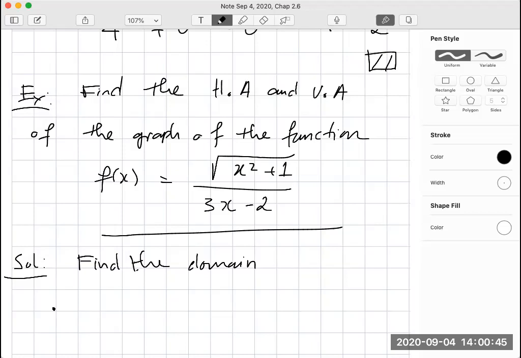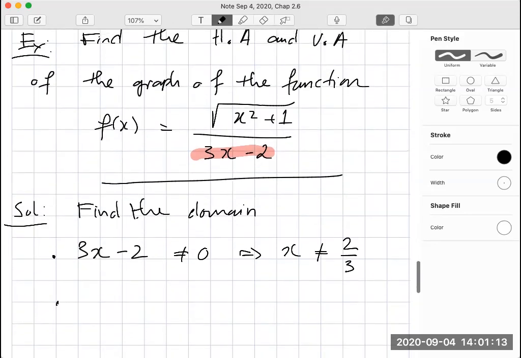The first condition is that the denominator should not be 0, right? It means that 3x minus 2 should not be 0, which means x should not be 2/3, right?